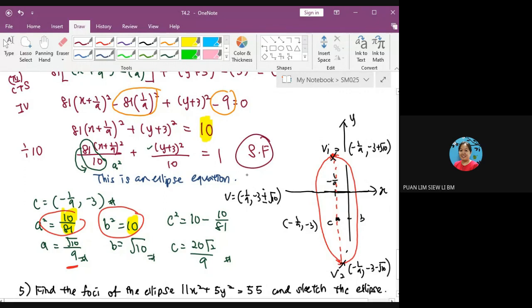So focal point, -9 tak bertukar. So -3 yang akan tambah tolak ini, tambah tolak C. So bila dia tambah, okay, so dia positif. So atas sikit focal point, bawah sikit F2. So here will be -1/9.